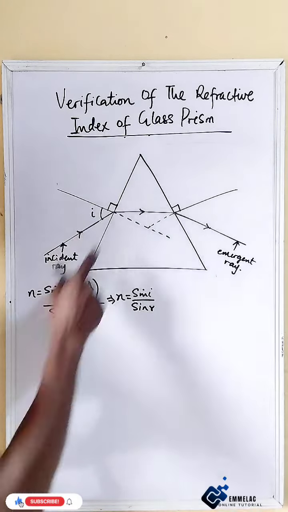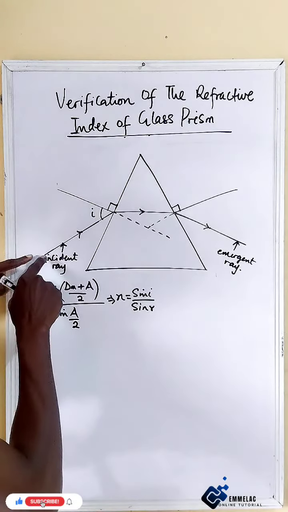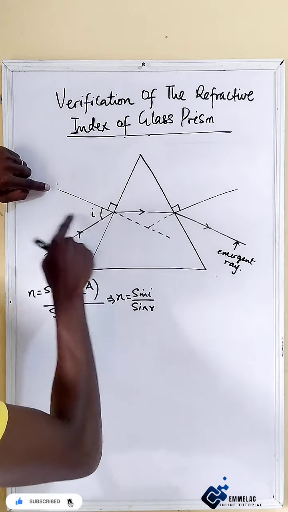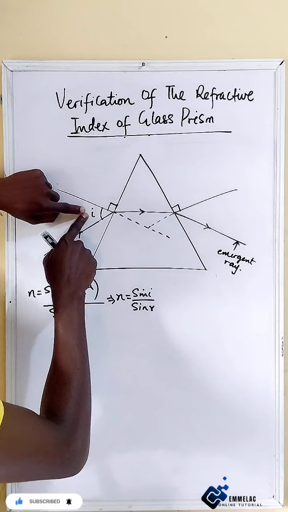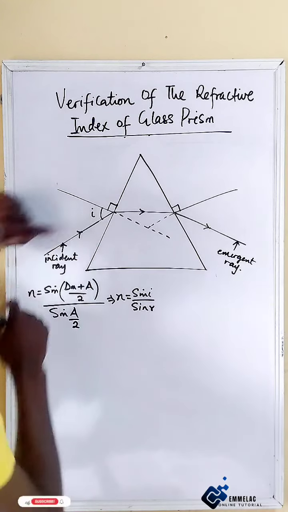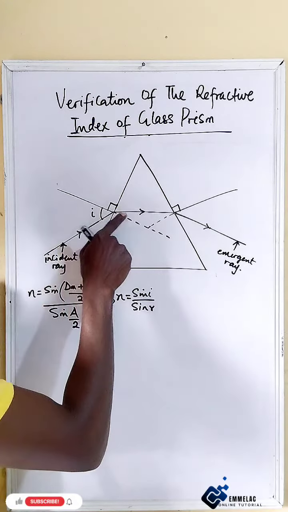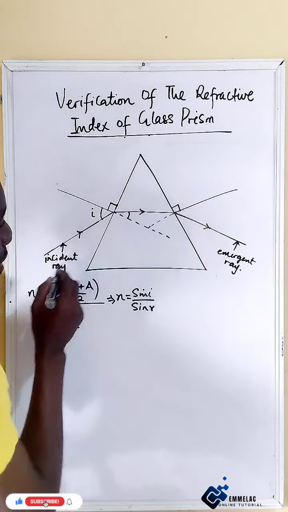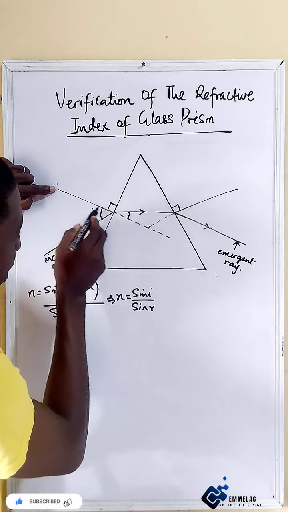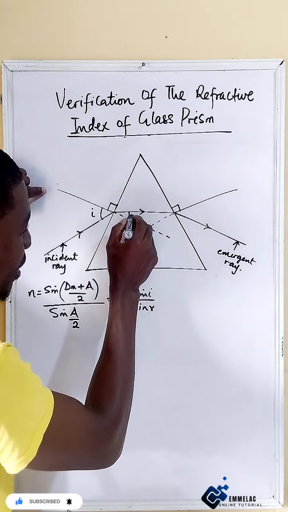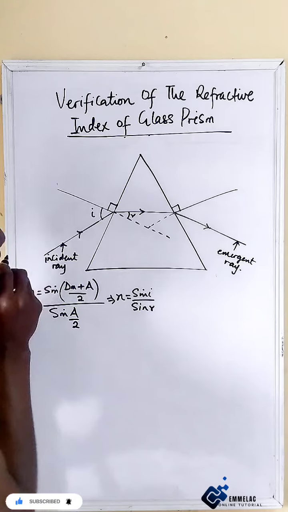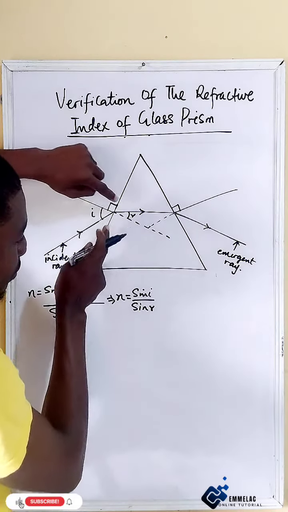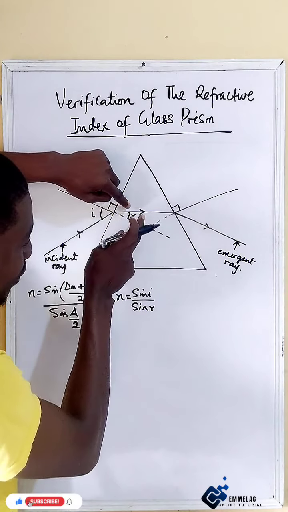Now to the prism. The incident ray lands at the normal, forming an angle. This is the incident angle. Now it's refracted, so this angle here, measured from the normal, is called the refracted angle, because there is refraction.